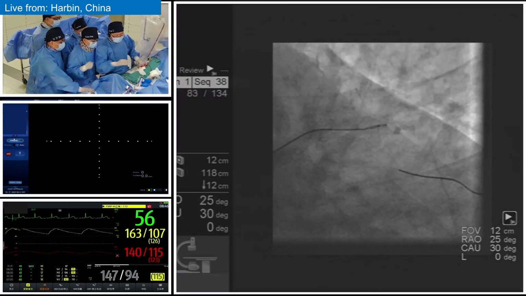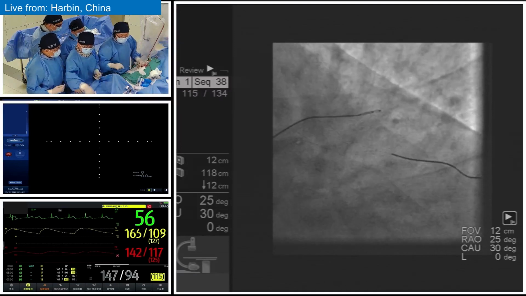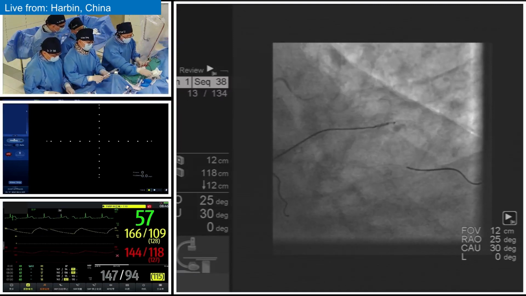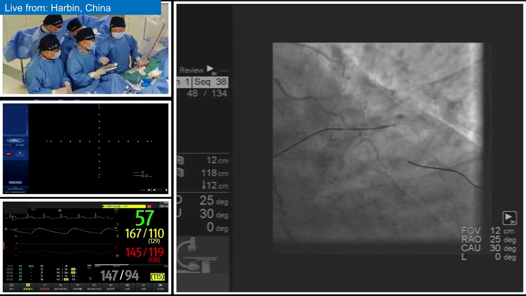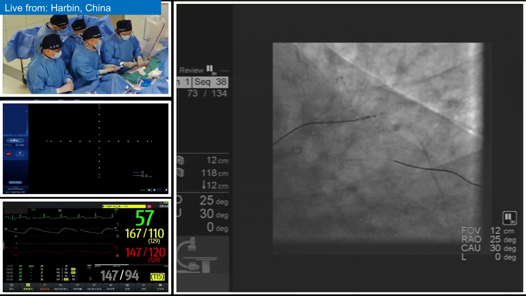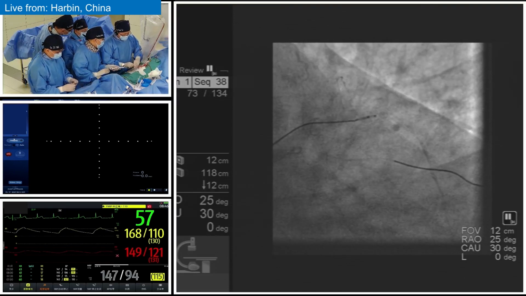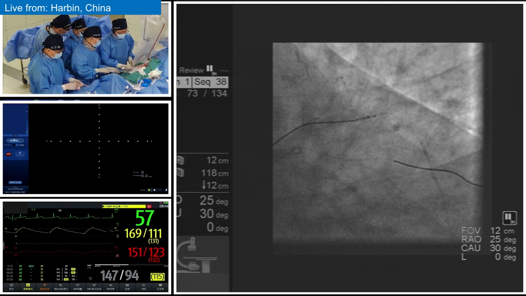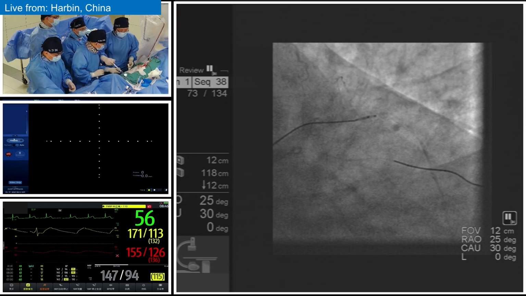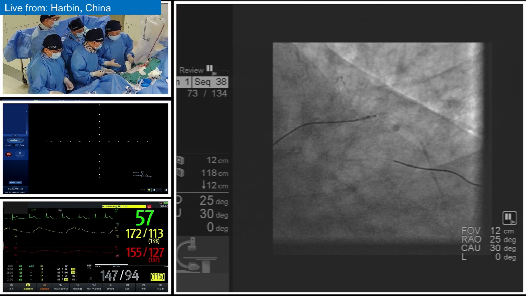Okay, let's withdraw with the pump for a relatively long time. Because we couldn't see. Yes. Okay.